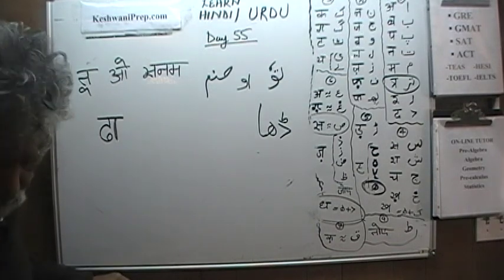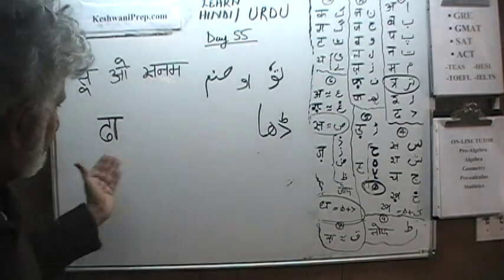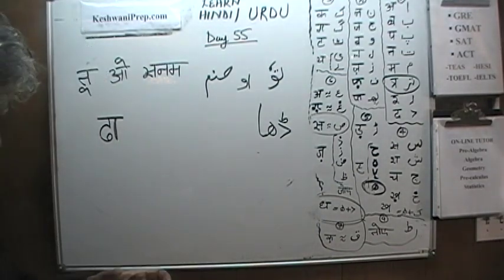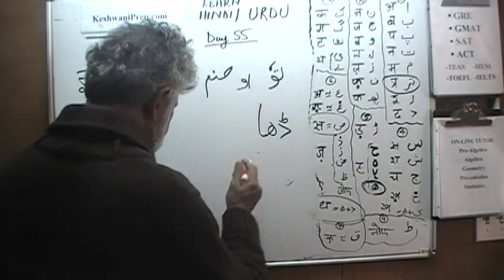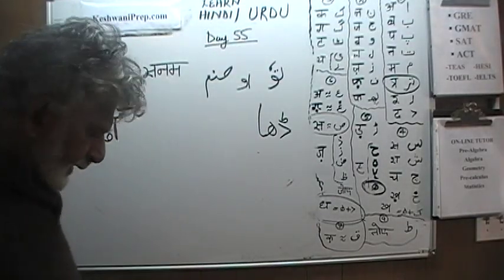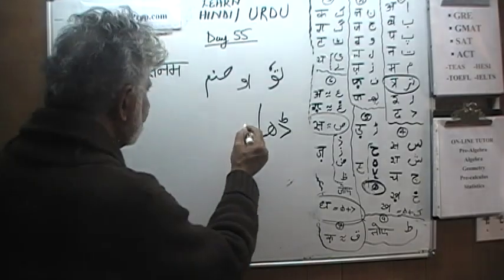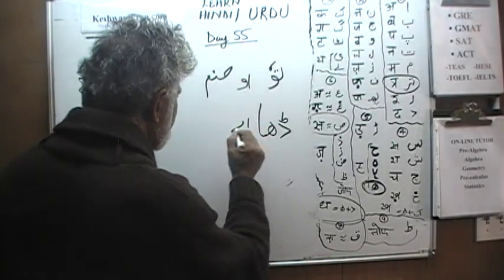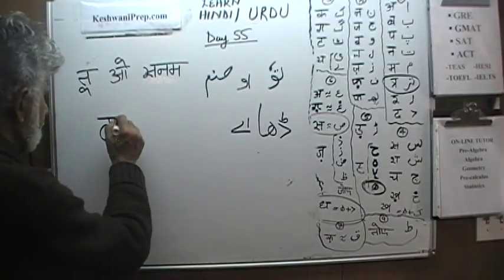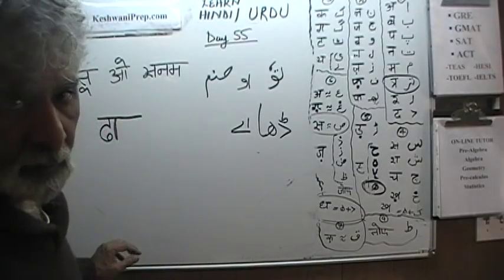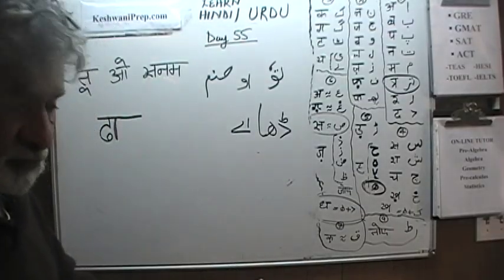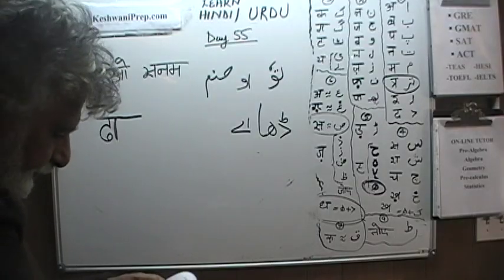So far it says da. All of that is da. And then we need a. A would be alif and badi ye, and that will give us a. It's a badi ye which gives us choti a ki matra.